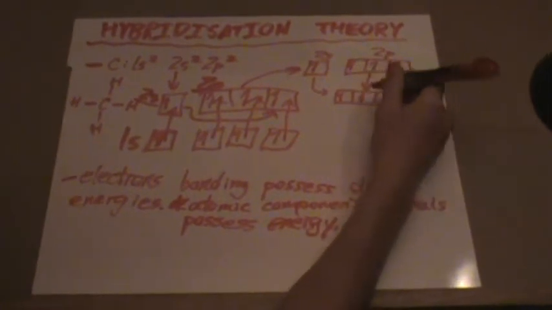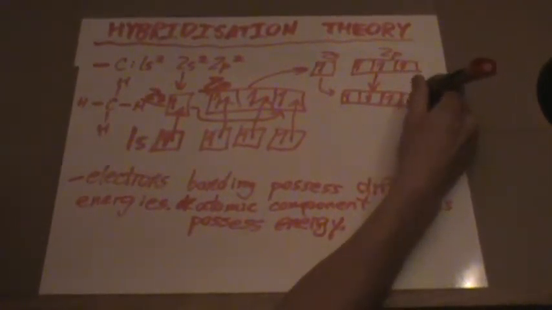Okay, so we've got these four orbitals, and we are going to call this new energy orbital, this combination of atomic orbitals, sp3.